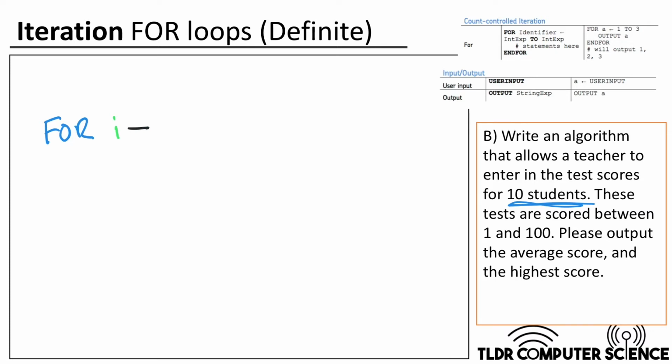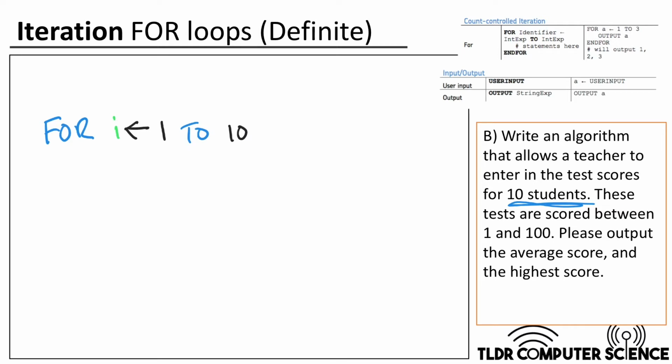So we're going to assign that the value 1, and we want to go to 10. Now what this is going to do is it's going to say I first time is 1, and then 2, and then 3, etc.